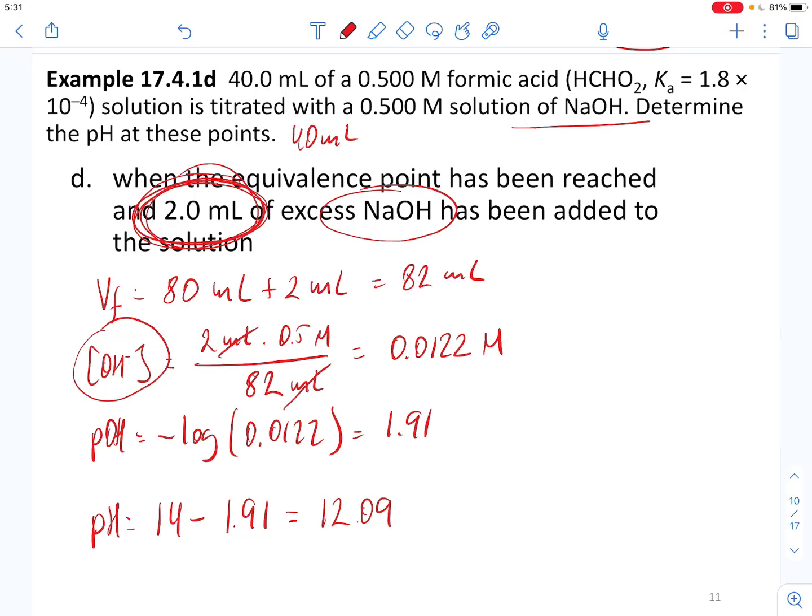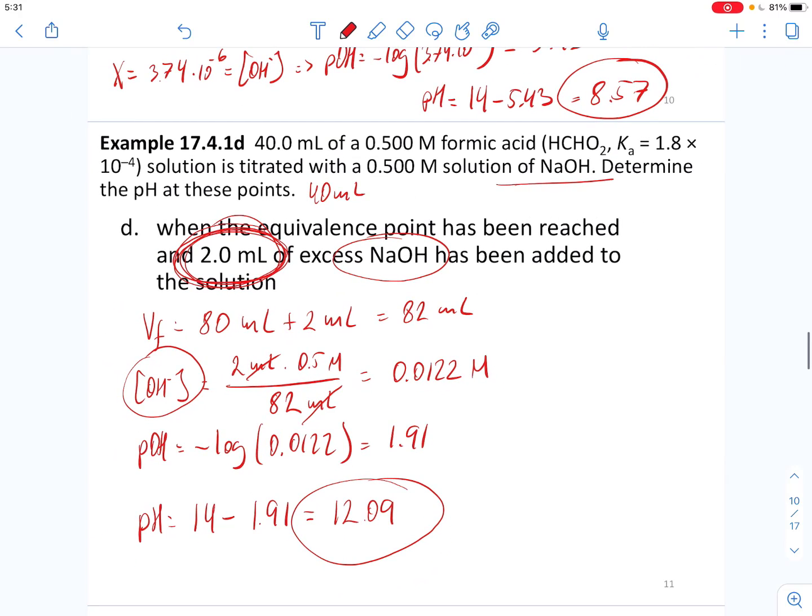Okay, so past the equivalence point, once you added 2 milliliters of sodium hydroxide, you end up with a pH of 12.09. And just look that you are jumping from 8.57 to 12.09, so you have almost 4 units of pH jump there. Okay, after you have destroyed the buffer.